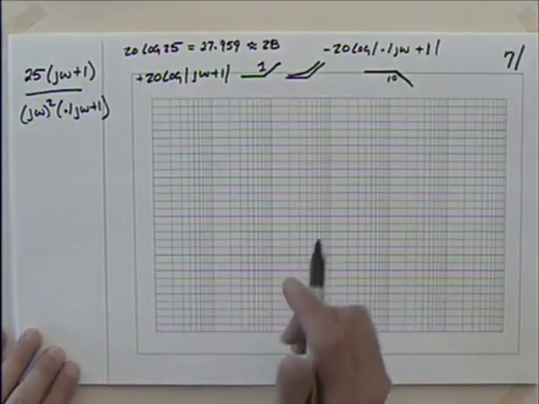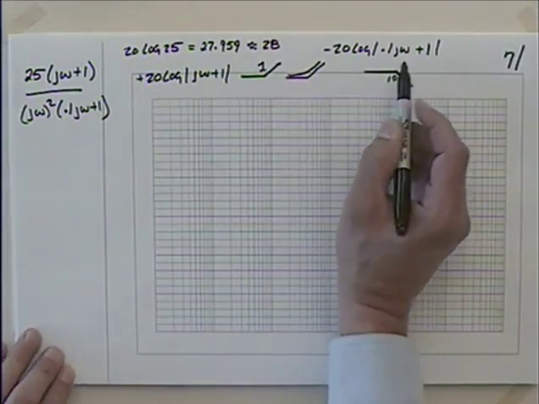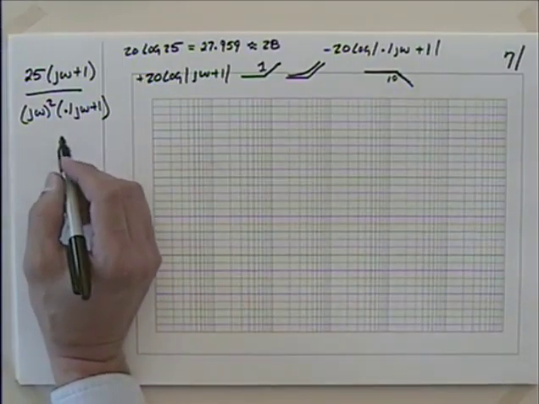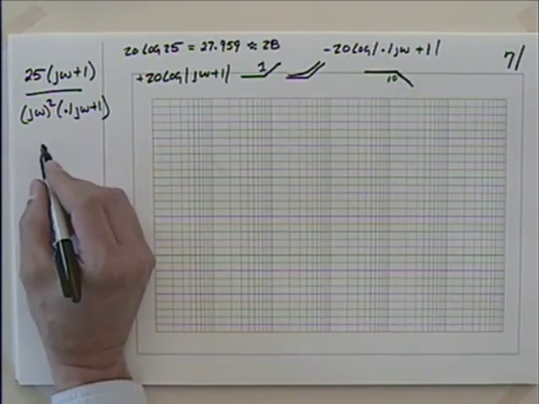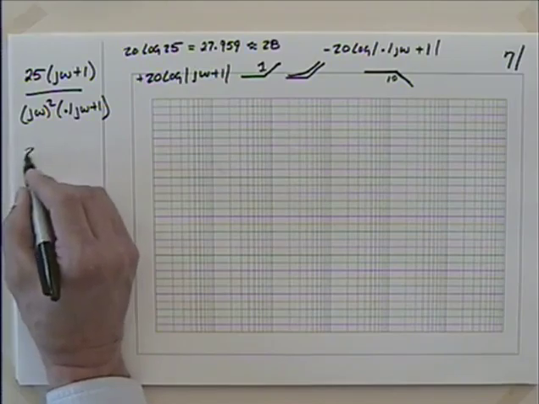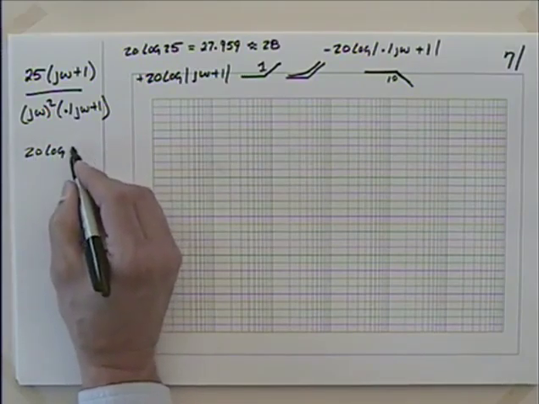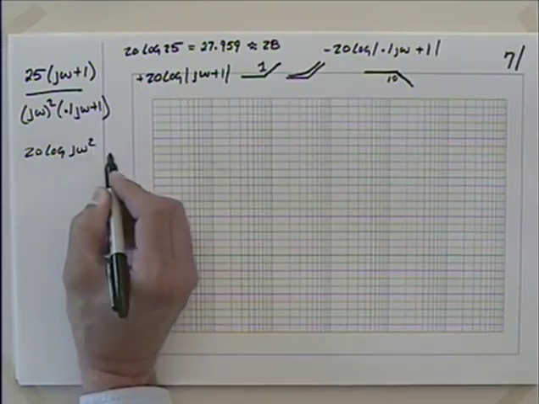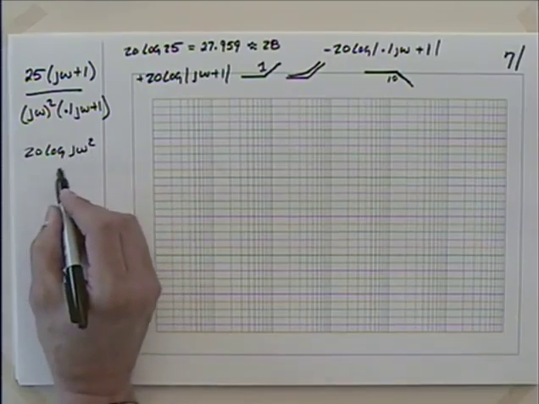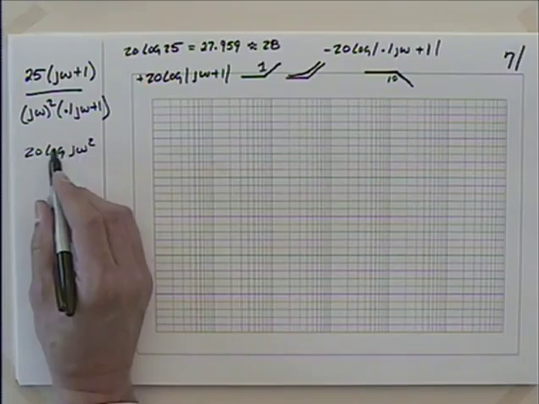Okay, so these hopefully are not too bad. The ugly one in this one is that j omega squared, so let's look at that. 20 log of j omega squared, when I square it, I can bring it out.